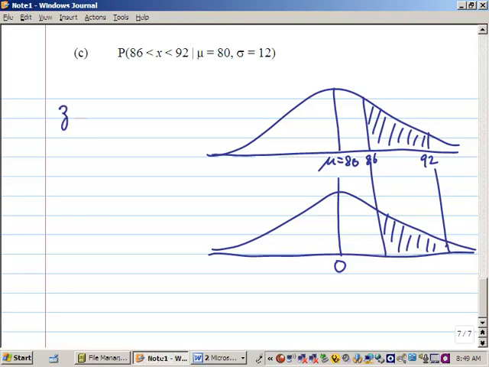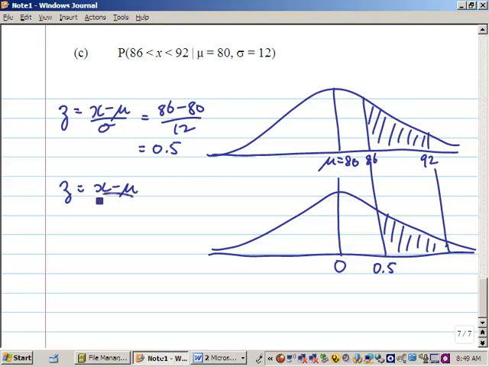Okay, so let's calculate those z values. z is x minus mu on sigma. The first x, the limit 86 minus 80 divided by 12, and what's that? 6 divided by 12, that's a half, plus 0.5 for the z value. Next one, again, x minus mu on sigma for the z value.